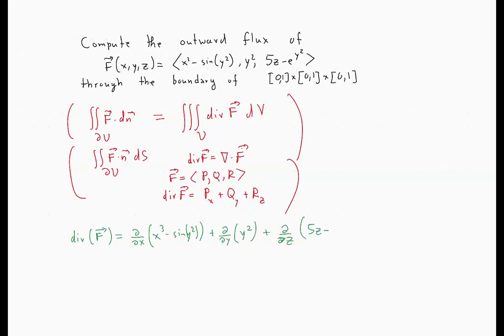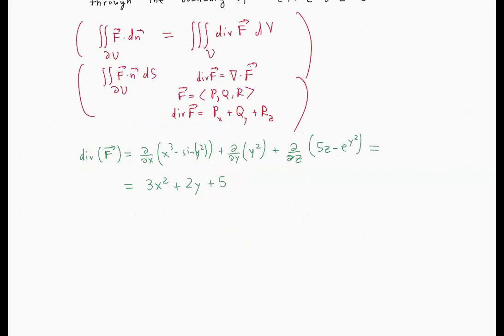So this is equal to 3x squared plus 2y plus 5. And that's what we need to integrate. So when we integrate this, here we can go directly to our triple integral.